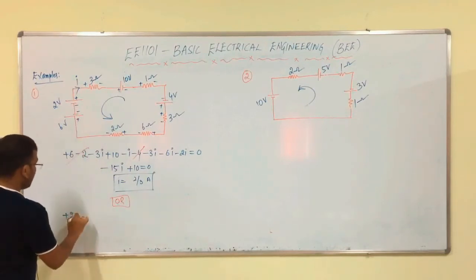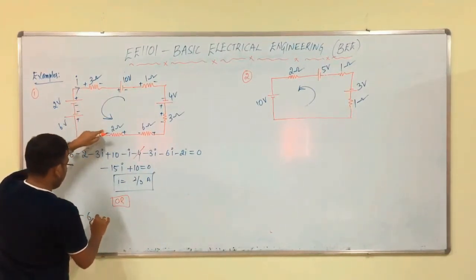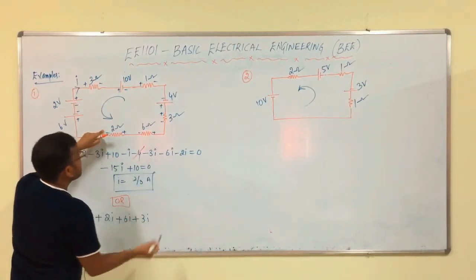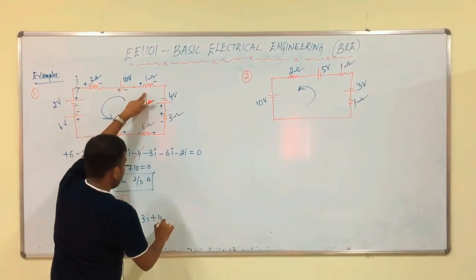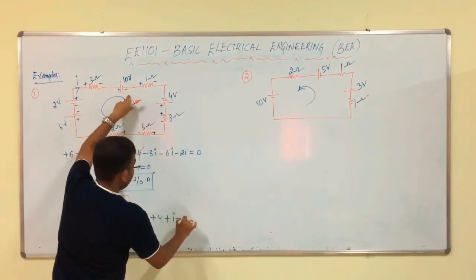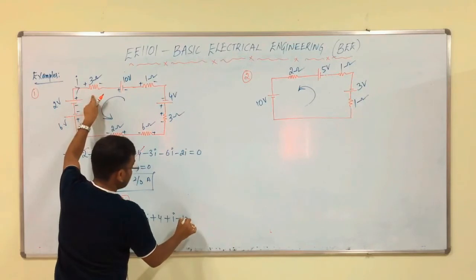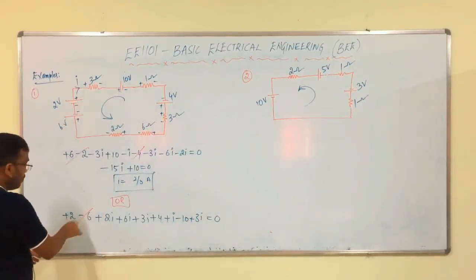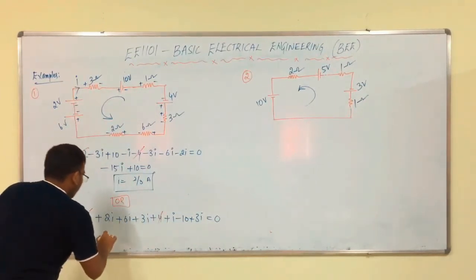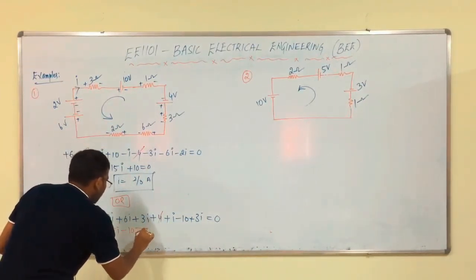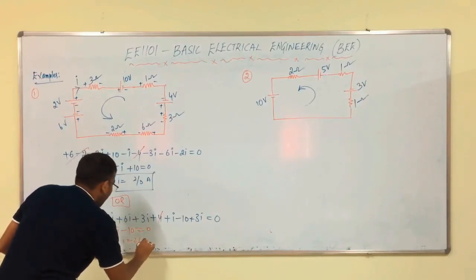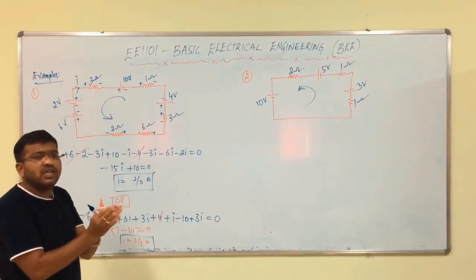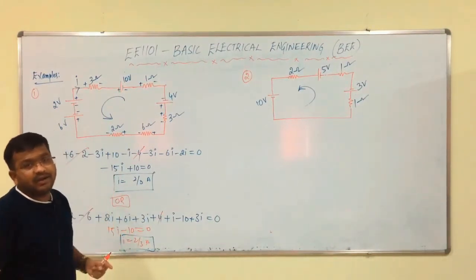Plus 2 minus 6 plus 2I plus 6I plus 3I plus 4 plus I minus 10 plus 3I is equal to 0. So, plus 2 minus 6 minus 4 plus 4, so 15I minus 10 is equal to 0. I is equal to what? 2 by 3 amps. Is there any change in the value of current? Obviously, there is no change in the magnitude of current.